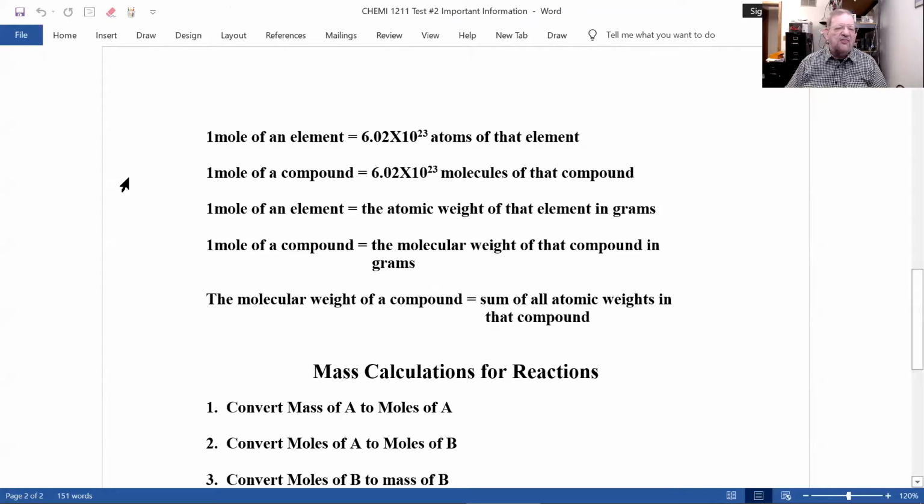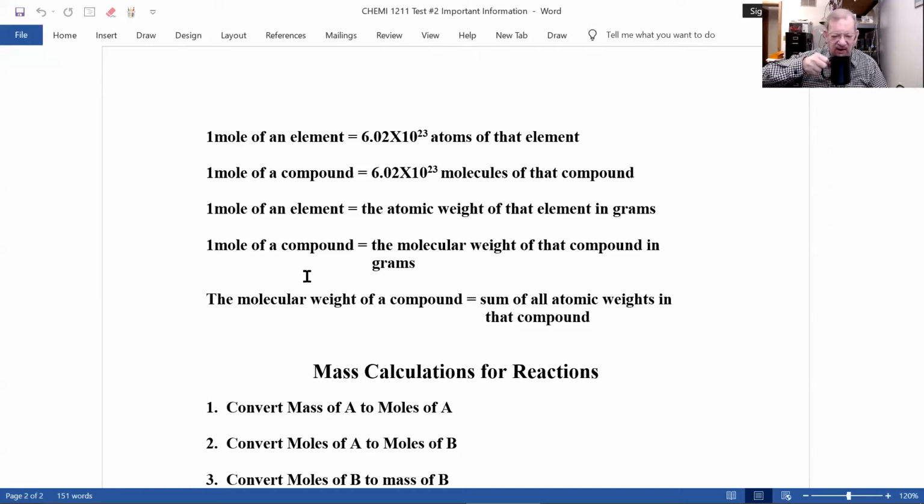These are 5 things you should know. This will be important information for the final exam. 1 mole of an element equals Avogadro's number of atoms of that element. 1 mole of a compound equals Avogadro's number of molecules of that compound. 1 mole of an element equals the atomic weight of that element in grams. 1 mole of a compound equals the molecular weight of that compound in grams.